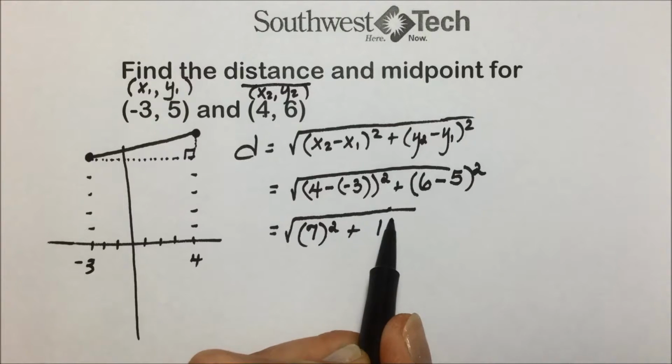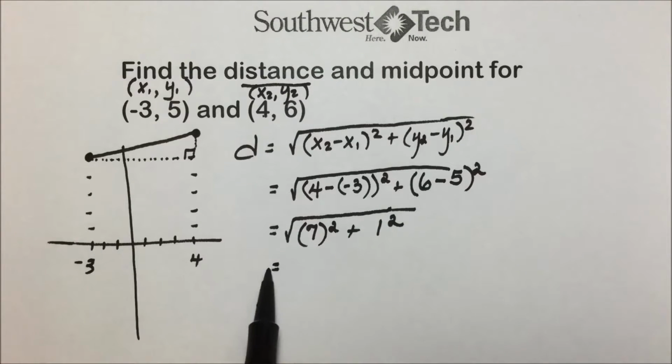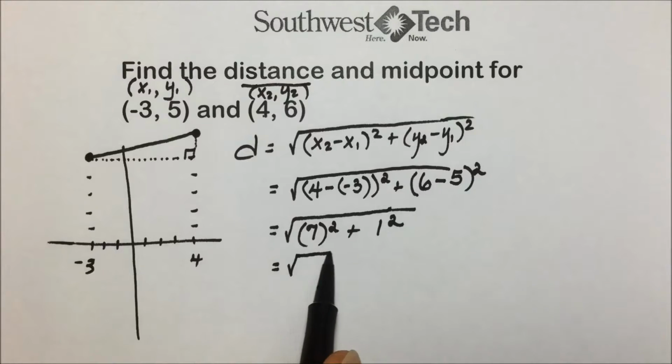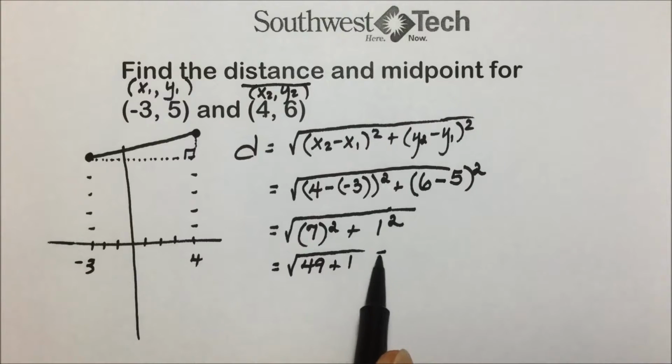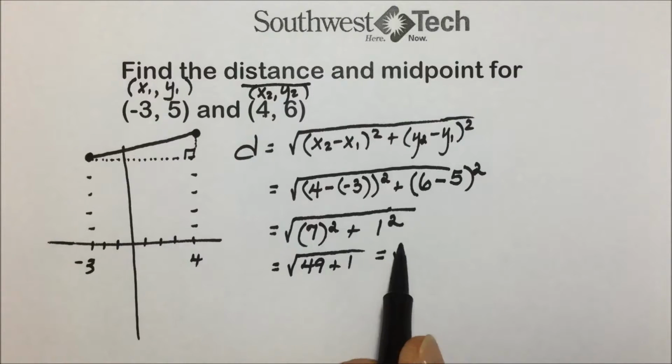6 minus 5 is 1. We need to square that. 7 squared is 49 because of 7 times 7. 1 squared is 1. And final simplification, we have the square root of 50.